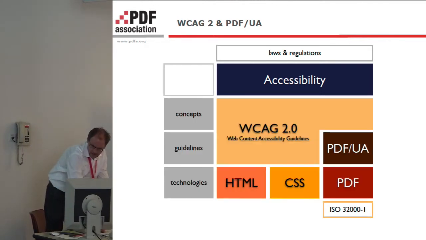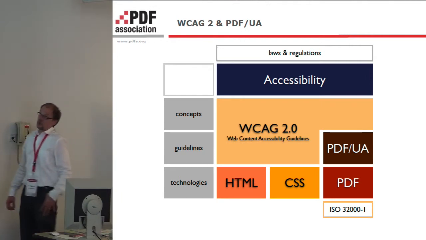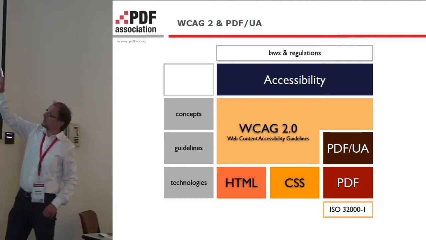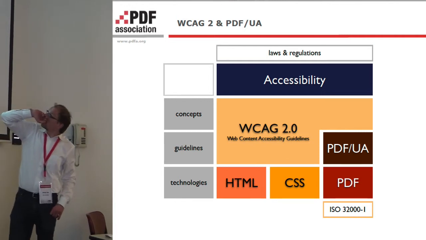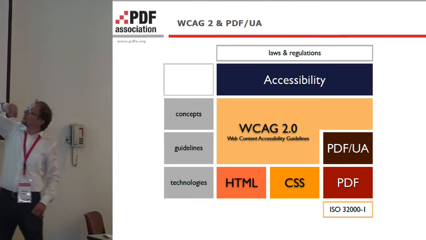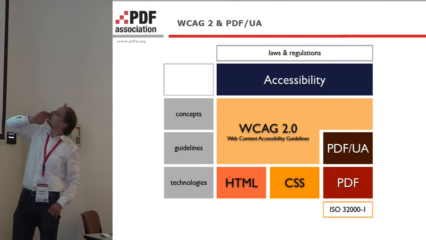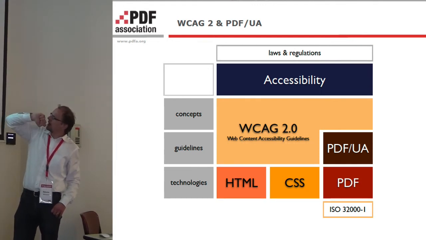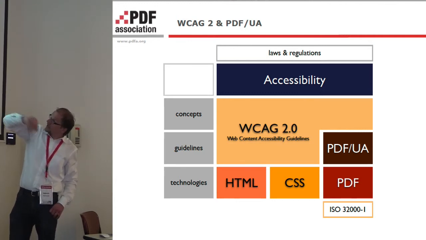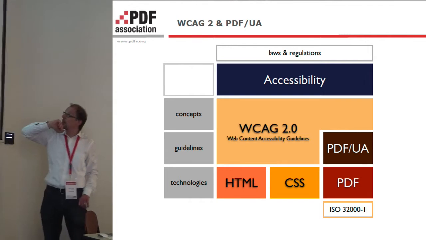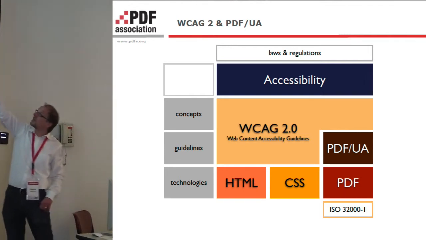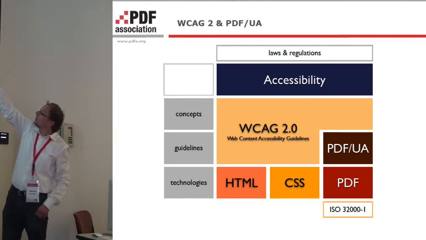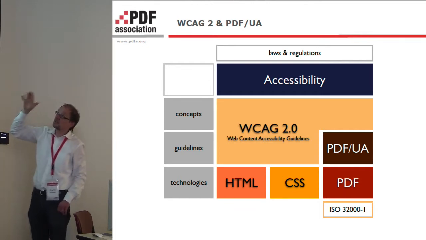And if we have a look at the WCAG 2, the Web Content Accessibility Guidelines, we see the WCAG 2 is not completely applicable to PDF. There are some requirements, some guidelines that are not applicable to PDF, and therefore you need a special standard, and PDF UA fills this gap.